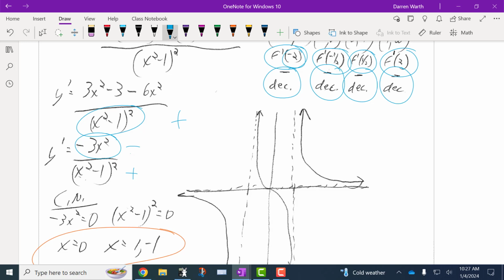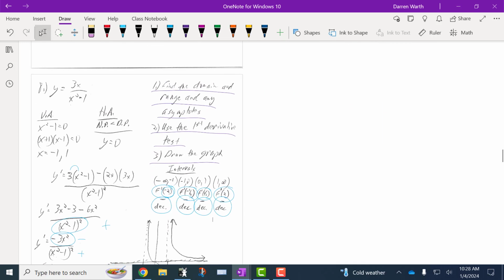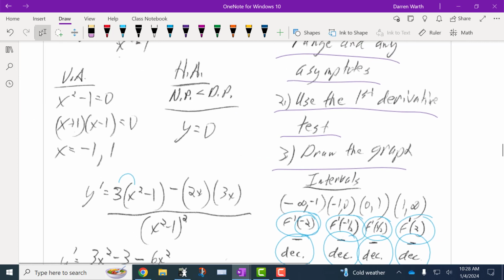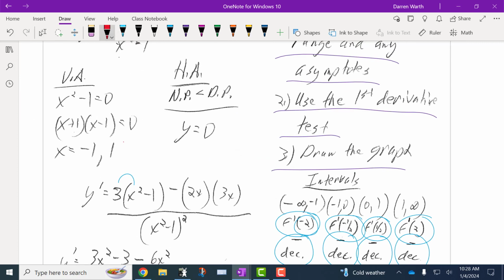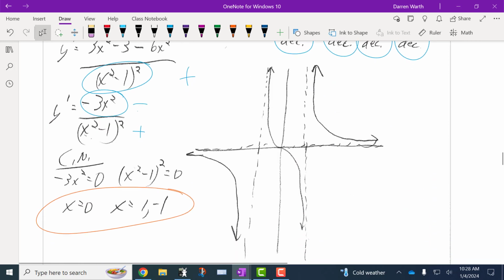So this is what your graph is going to look like when you actually set it up. First off, I'm going to put in my vertical asymptotes, which I found were at negative 1 and 1. My horizontal asymptote is at 0. So I'm going to draw my graph right here, with the vertical asymptotes at negative 1 and 1 and the horizontal asymptote.